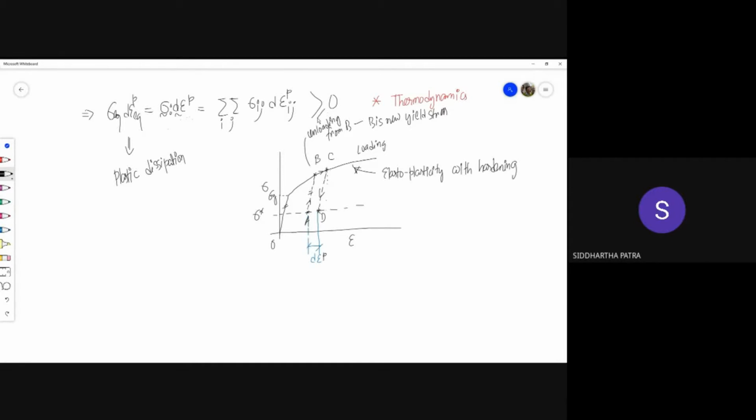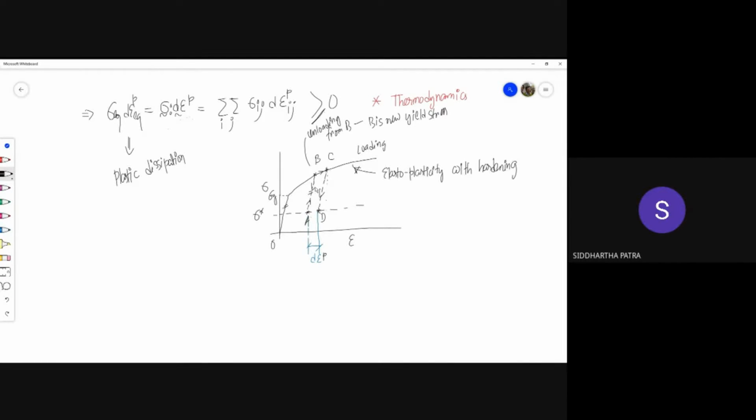By the way, this part is greater than or equal to zero. Now, when is it equal to zero? When the plastic work done is equal to zero, when the stress is actually below the yield stress, which means the material is deforming elastically.